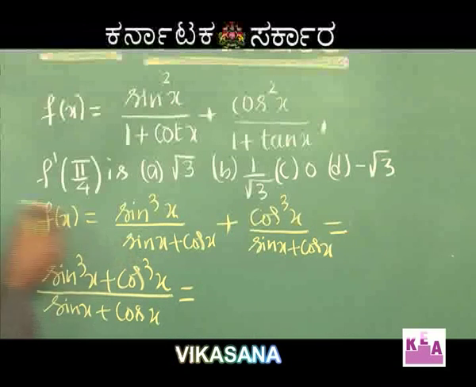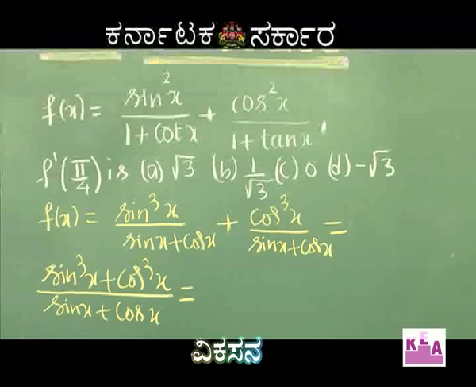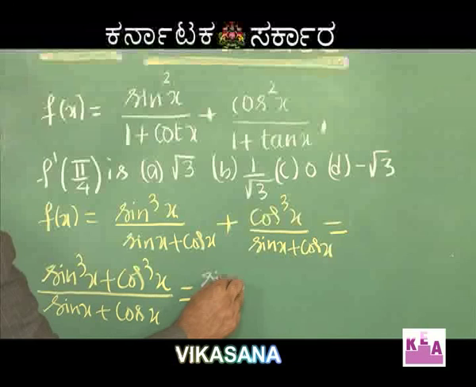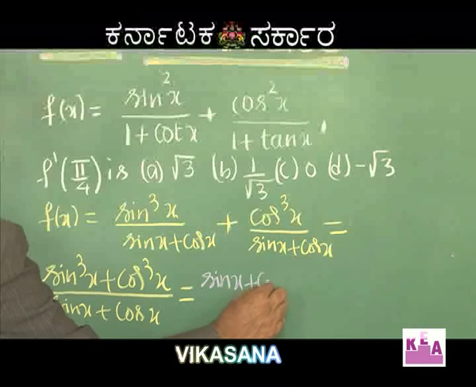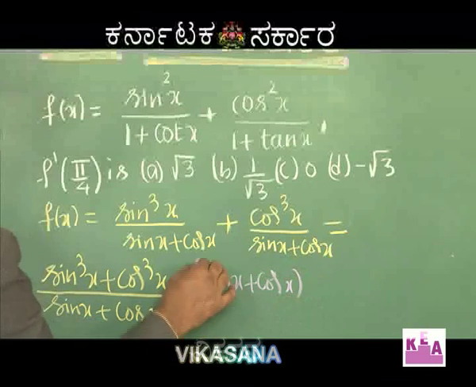You can see here this difference. A cube plus b cube is given by a plus b into a square minus ab plus b square. That means to say sin cube x plus cos cube x, you can write it as sin x plus cos x into what should I write?